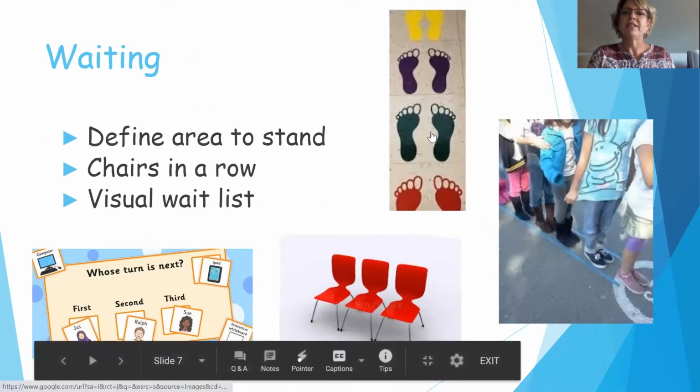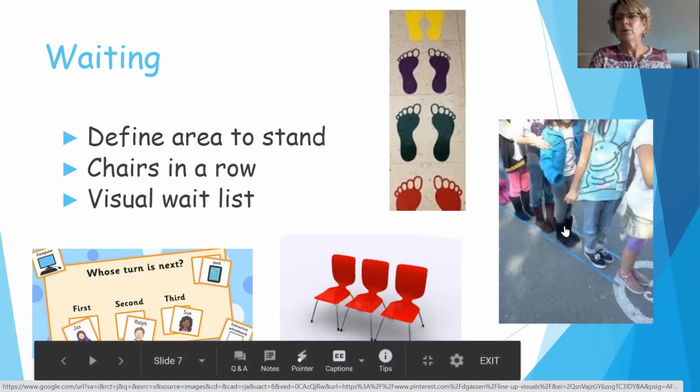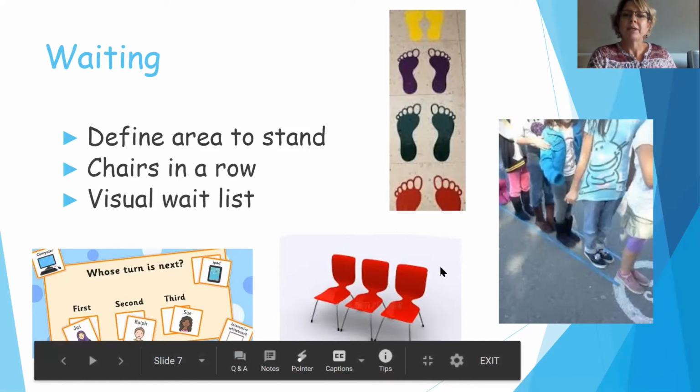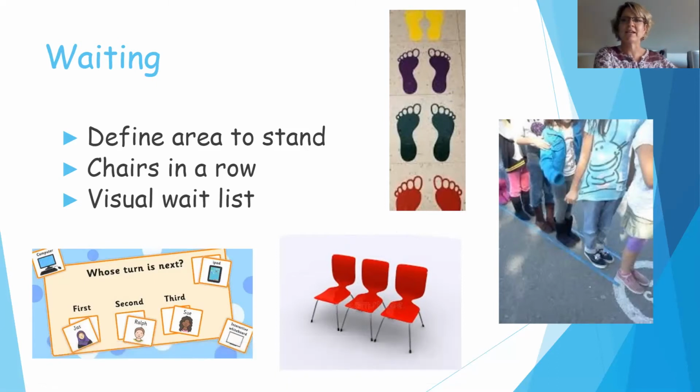Here they've used feet to define where students are supposed to line up. Here again, tape or chalk to define where they're supposed to be. I've had people use chairs with students who are waiting their turn, maybe to wash their hands or something.